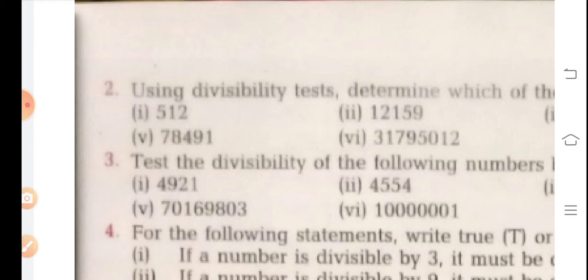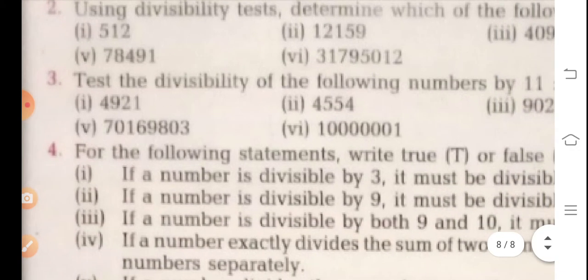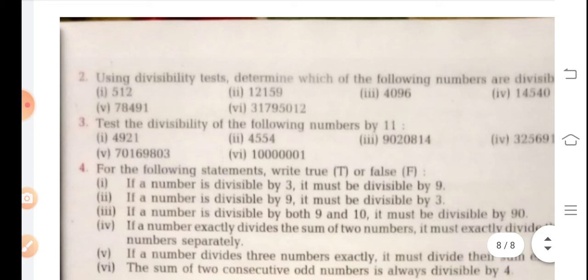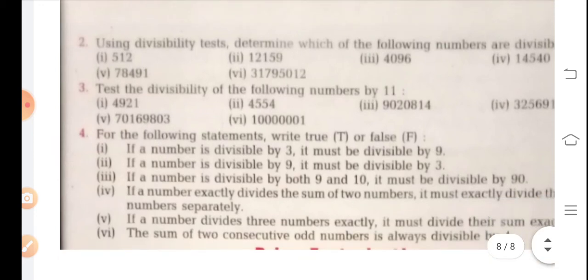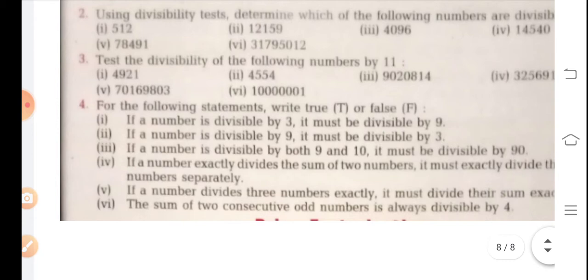Okay, so that number. And next here, test the divisibility rule of 11. So what is the rule of 11? A number is divisible by 11 if the difference between the sum of the digits in the odd places and the sum of the digits in the even places is 0 or a multiple of 11.